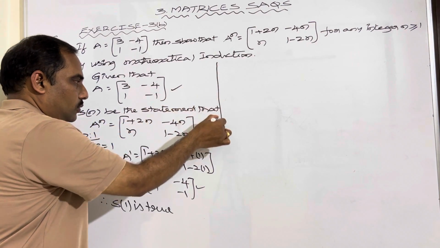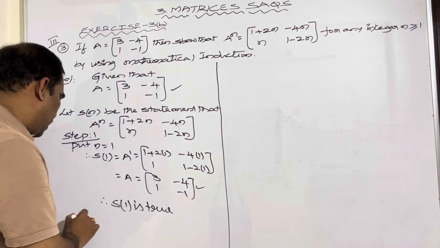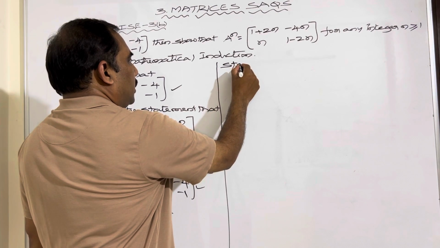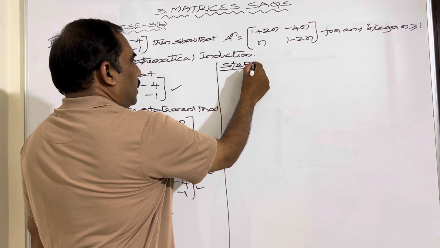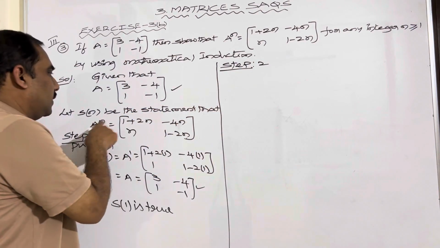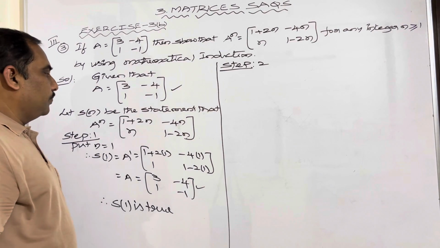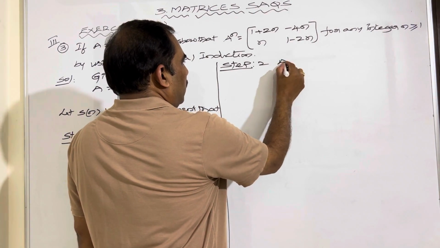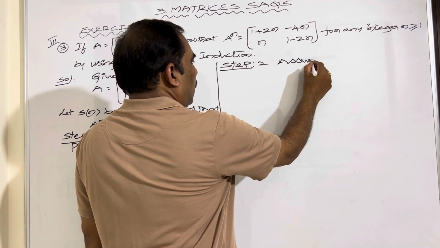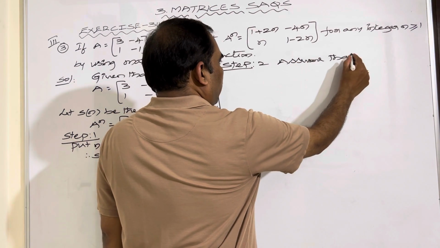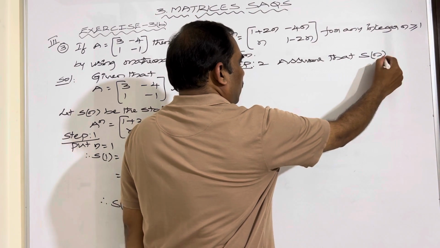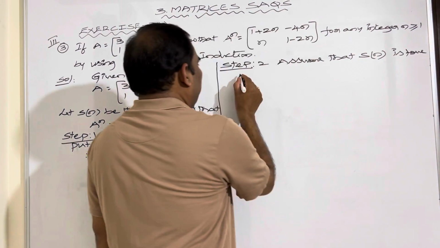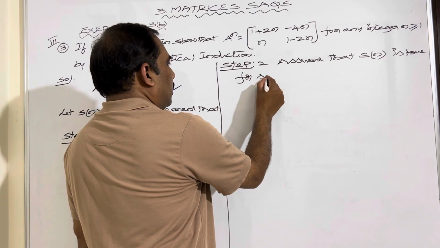Next, in step 2, S of n is also true for some n is equal to k. So assume that S of n is true for some n is equal to k.